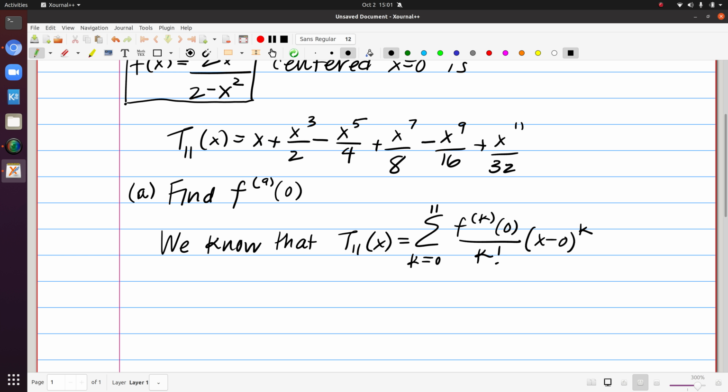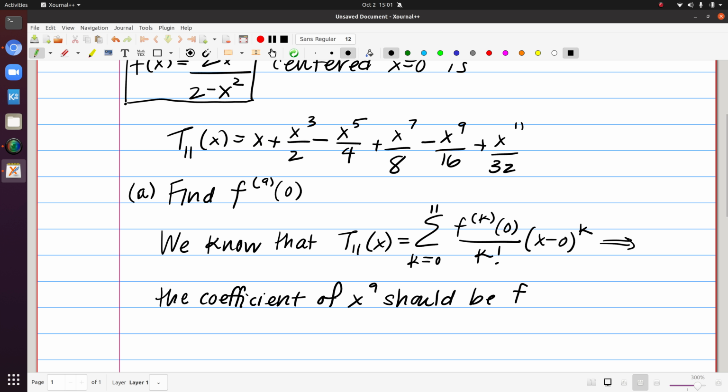So the coefficient of x to the 9th should be the 9th derivative evaluated at 0 divided by 9 factorial, right?